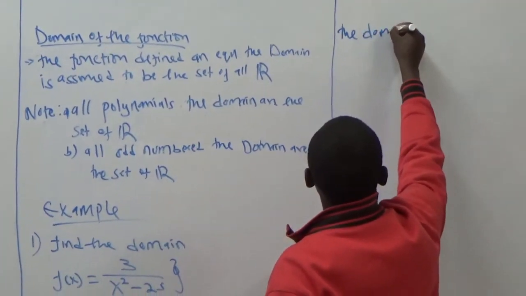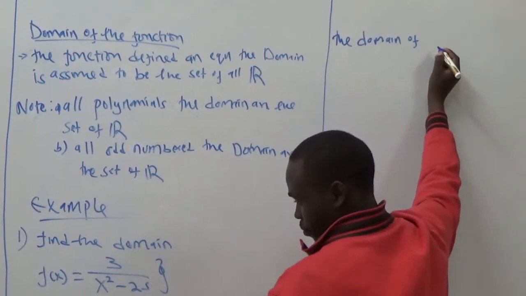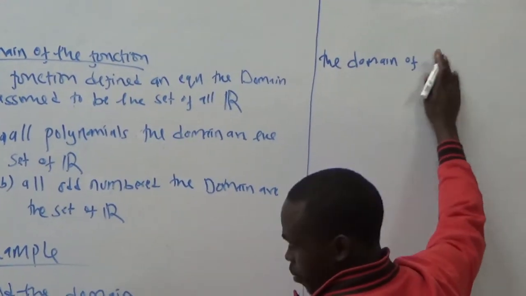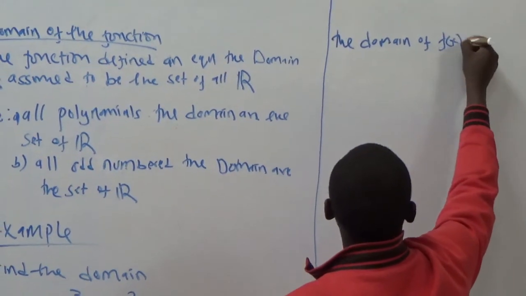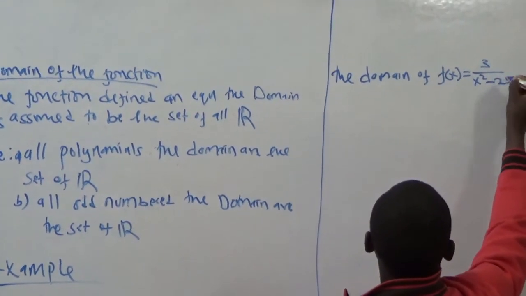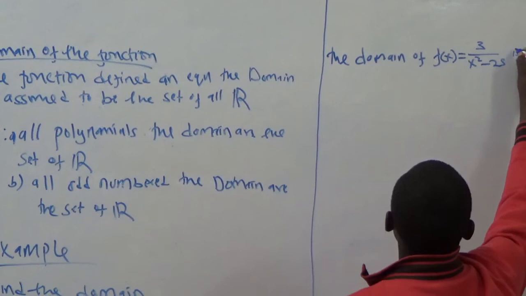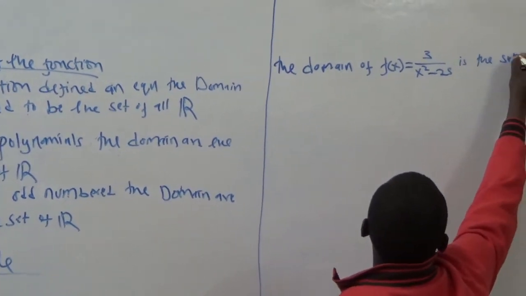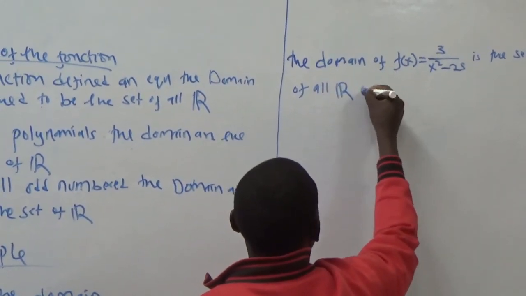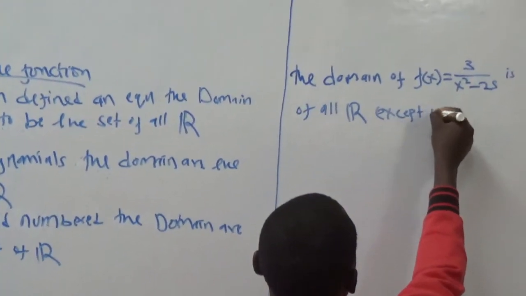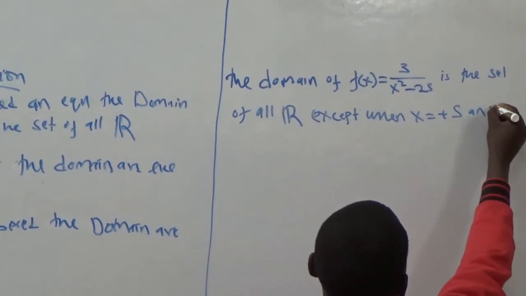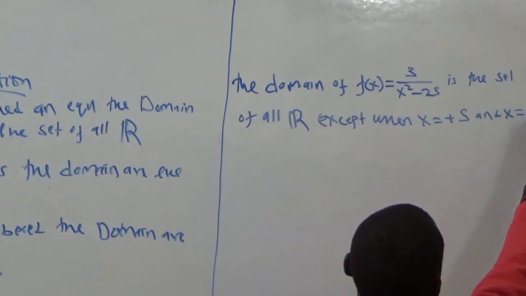The domain of the function f of x equal to 3 all over x squared minus 25 is the set of all real numbers except when x equal to positive 5 and x equal to negative 5.